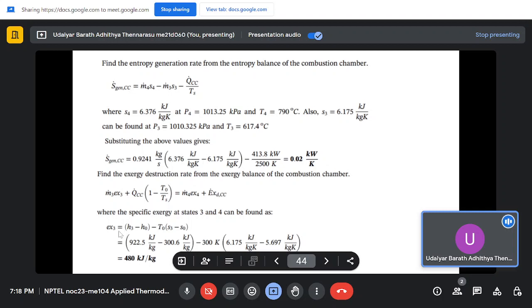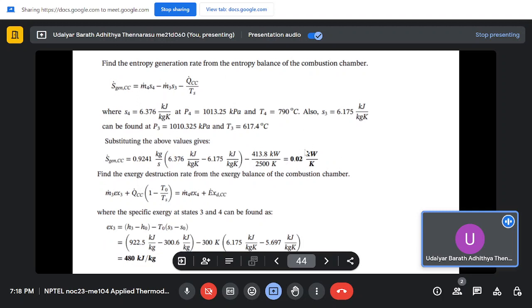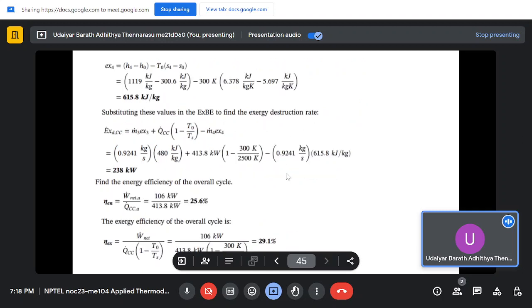So we can find out exergy 3 and similarly exergy 4. Substituting these values in the exergy balance equation, the exergy destroyed comes out as 238 kilowatt. You can calculate otherwise using T naught times Sgen, which will also give me the exergy destroyed in the combustion chamber.